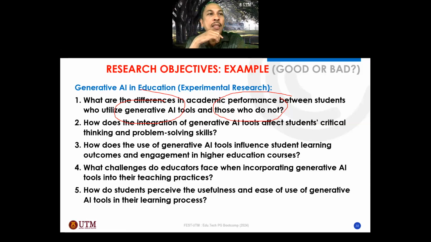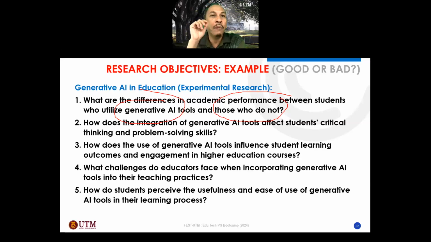Okay. Based on this complete 5 research objectives for postgraduate level, what do you think about these research objectives, whether they are good or bad? Okay? So think about that. Go to the chat room. For those who think this is a good research objective, type 1. For those who think this is not very good or a bad research objective, type 2.